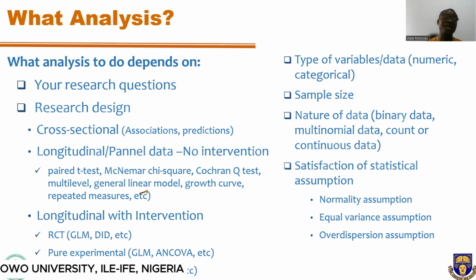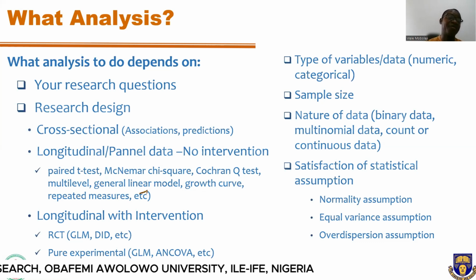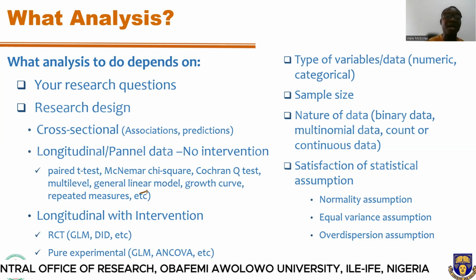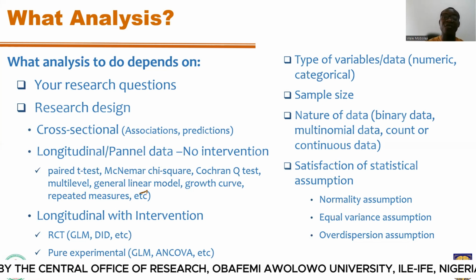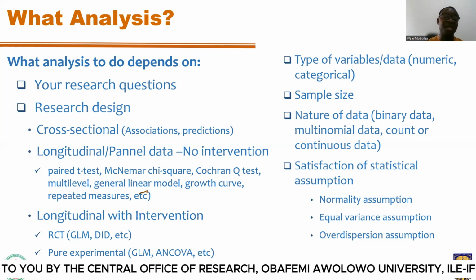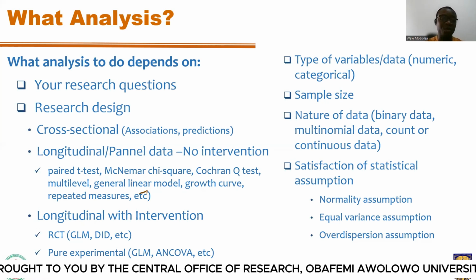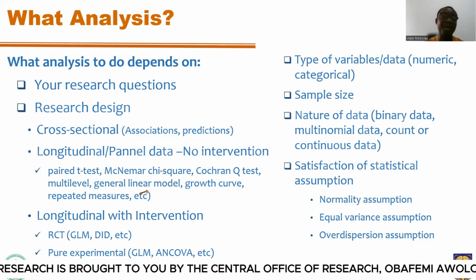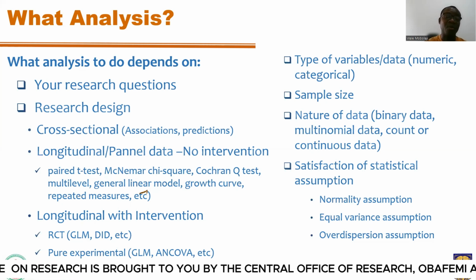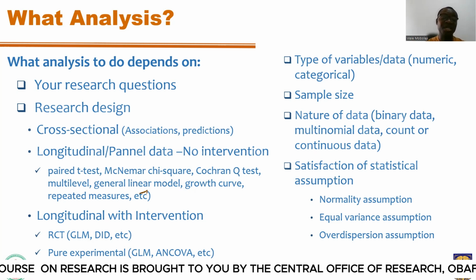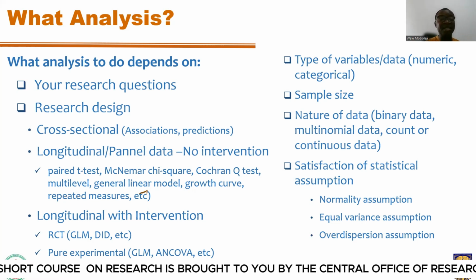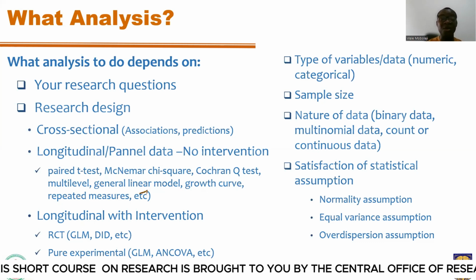For such a research design, you could be thinking of paired t-test, McNemar chi-square, Cochran's Q test, multilevel, general linear model, and so on. You can look at growth curve, repeated measures, and many more, depending on what other conditions your data have. So that is longitudinal design with no intervention.